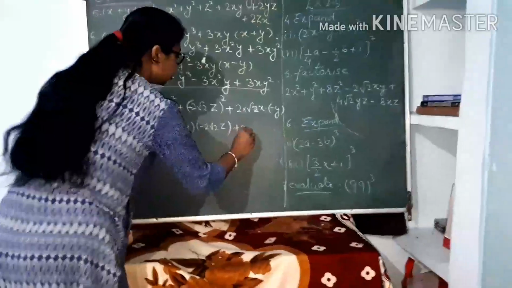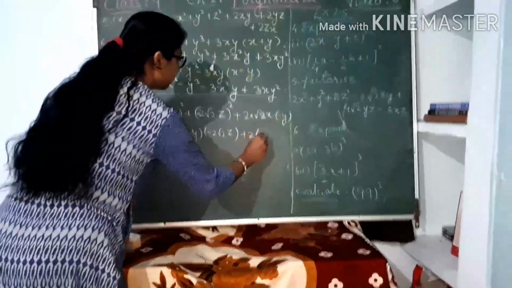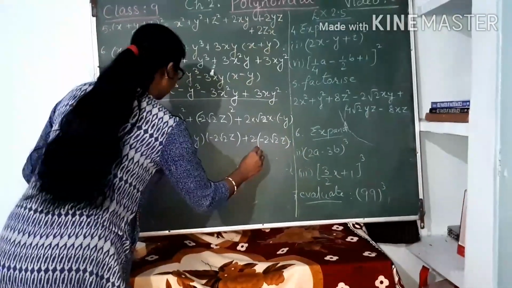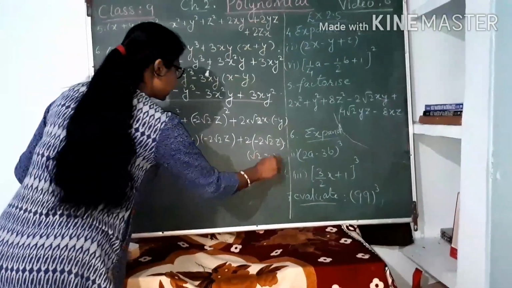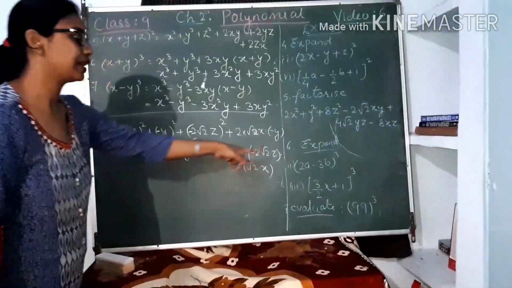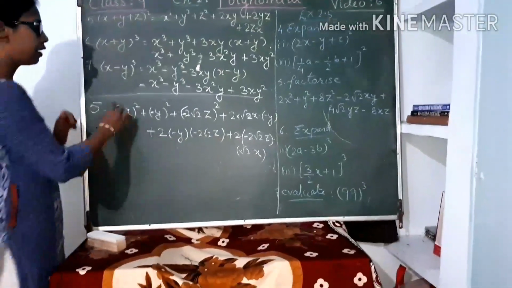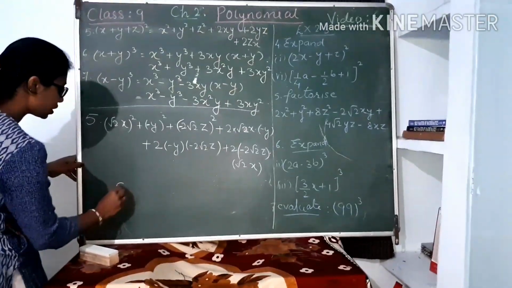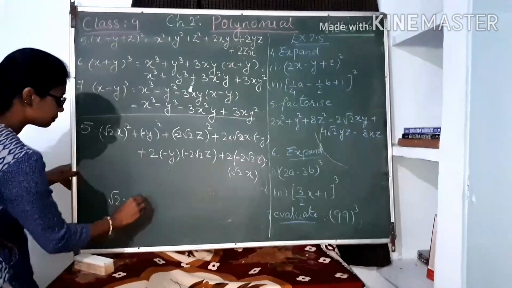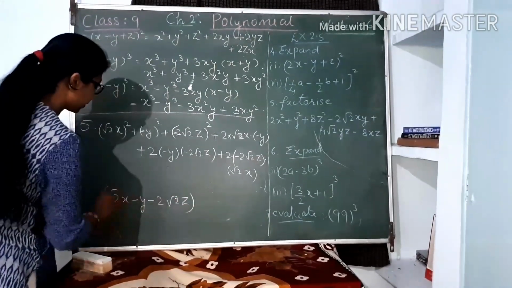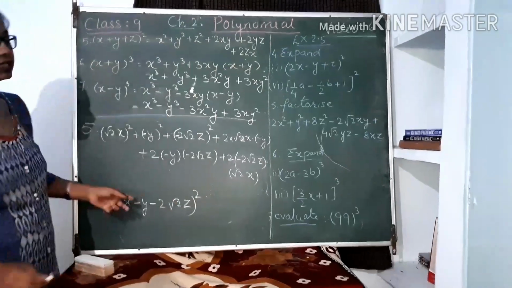Then plus 2, here it should be minus 2 root 2 z into root 2 x. So the negative sign will come out. Root 2 into root 2, this is 8 xz. Verified. So if you compare, the value of a is root 2 x, b is minus y, c is minus 2 root 2 z, whole square. So this is the whole square of these three terms.